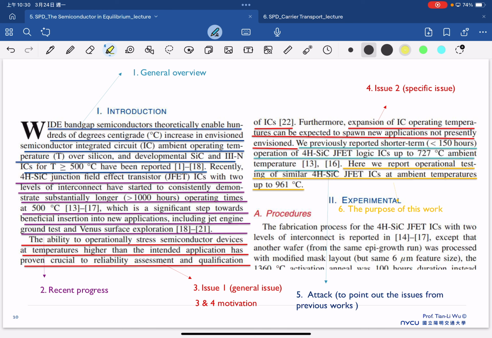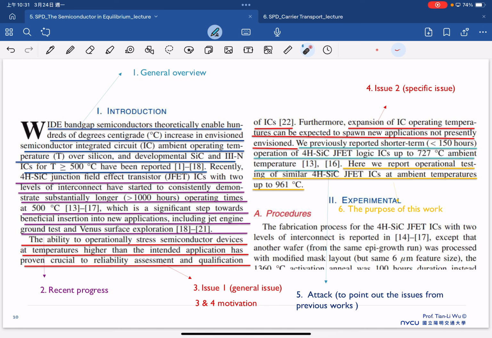But the conclusion is very similar to what we have already said: usually the first sentence of the introduction is always a very general overview of the status.